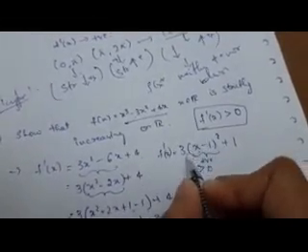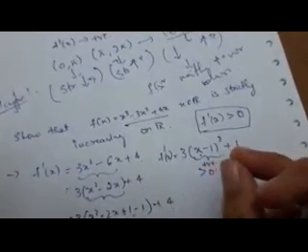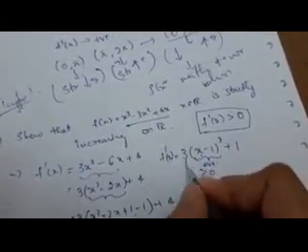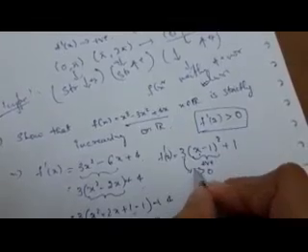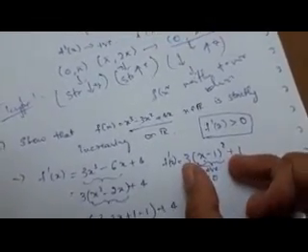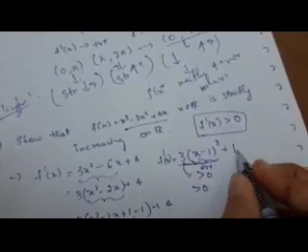When this term is greater than 0, if we multiply it with any positive term, the value itself is again greater than 0. Whatever the value might be, it is obviously greater than 0. If I add 1 to that term, this is also greater than 0.